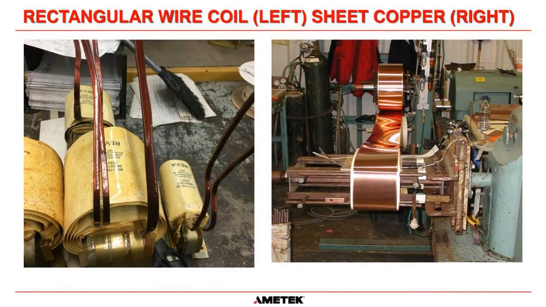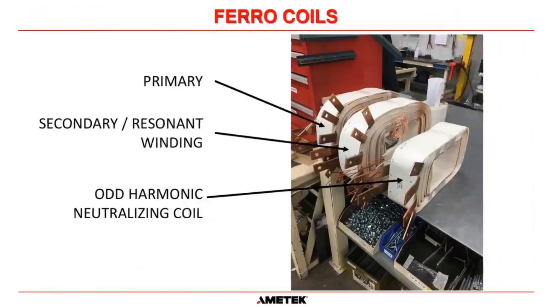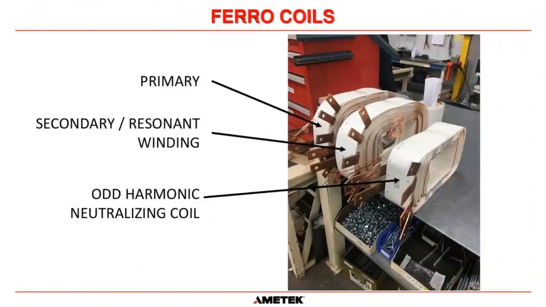On the left, we've got a choke or inductor with rectangular wire. And then again on the right is our picture of a coil with sheet copper. Here are some coils that are already built and will eventually be built as part of a ferroresonant transformer.